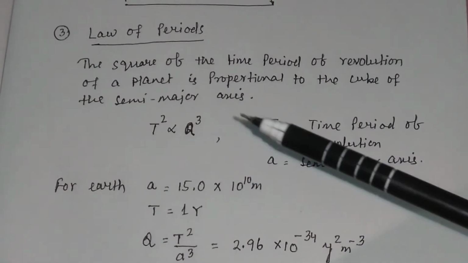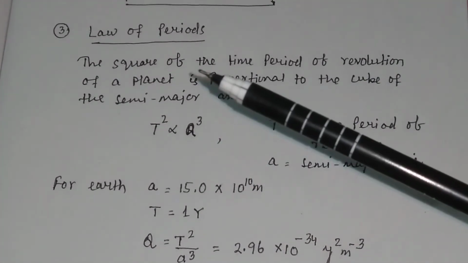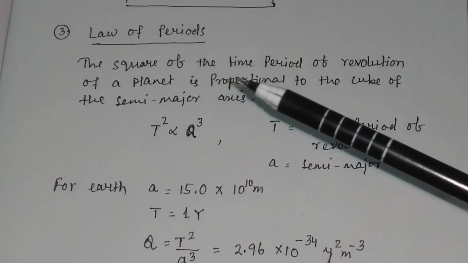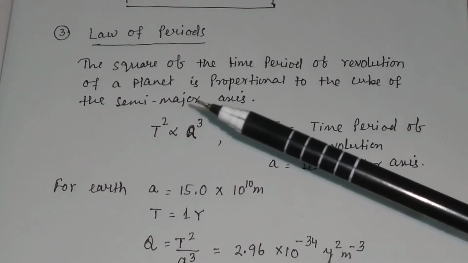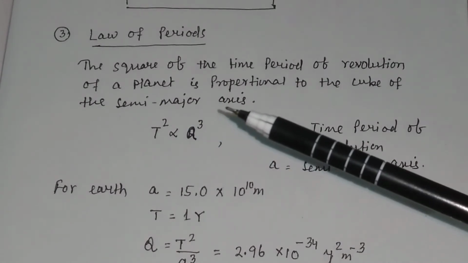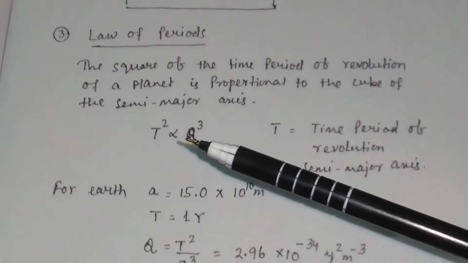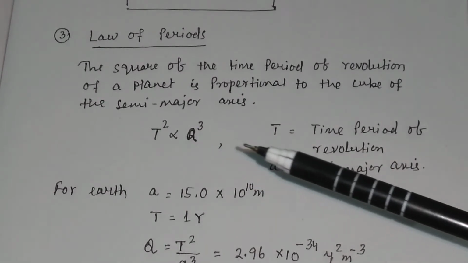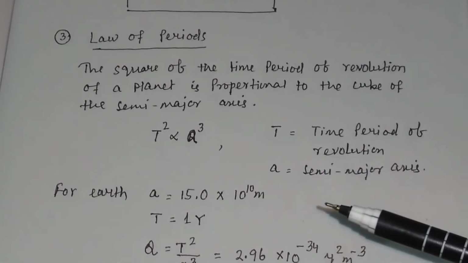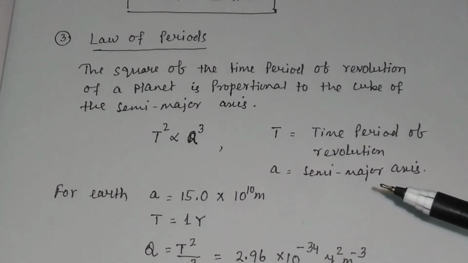Now let us discuss Kepler's third law, that is the law of time periods or law of periods. The square of the time period of revolution of a planet is proportional to the cube of the semi-major axis, that is T square is proportional to A cube, where T is the time period of revolution and A is the length of the semi-major axis.